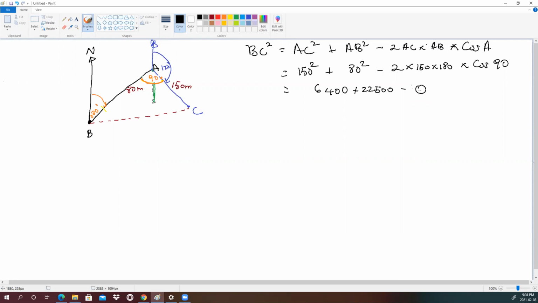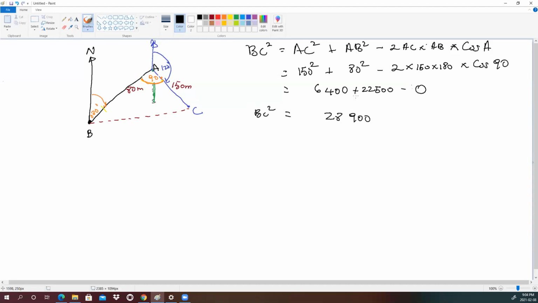Just put everything in one go. Punch in everything in the second row in a calculator, and you get what? 28,900. 28,900 is for the first part right here.